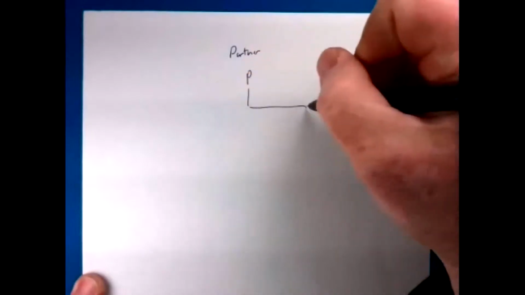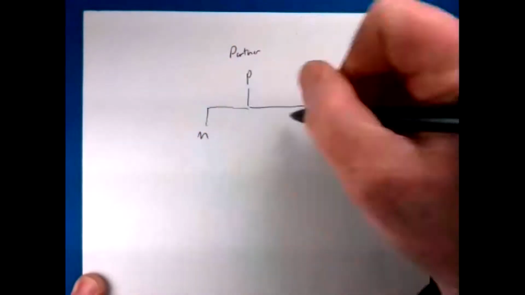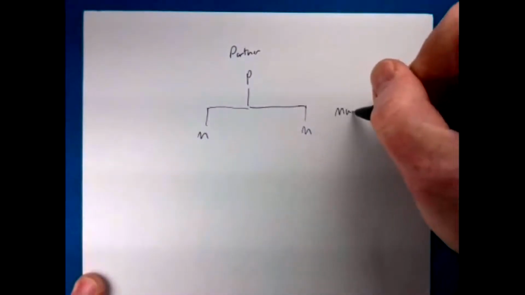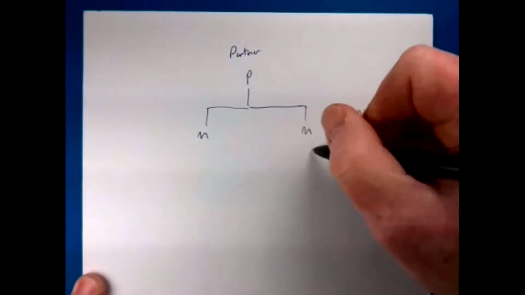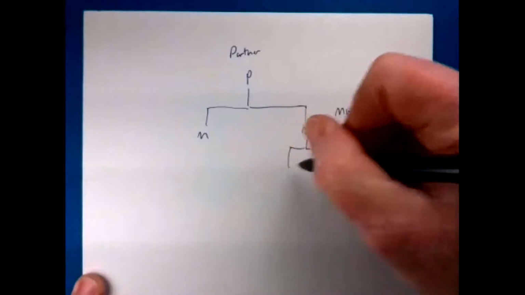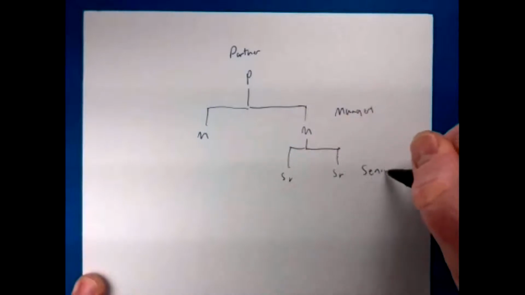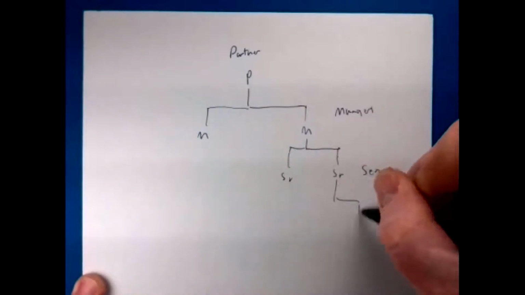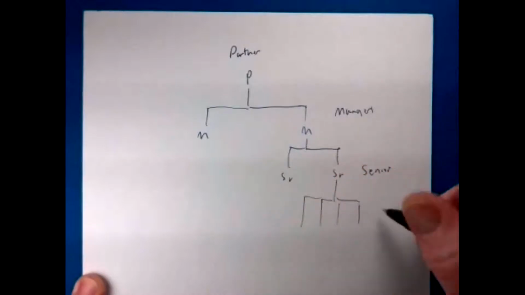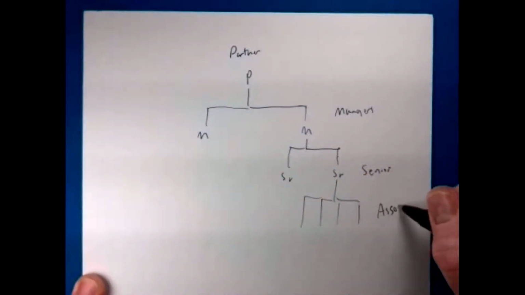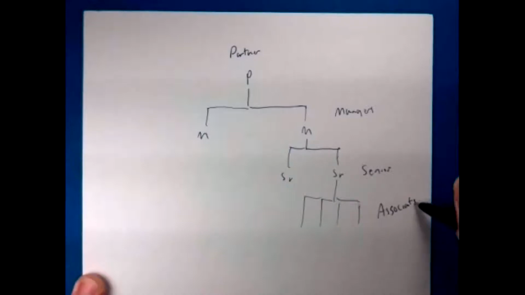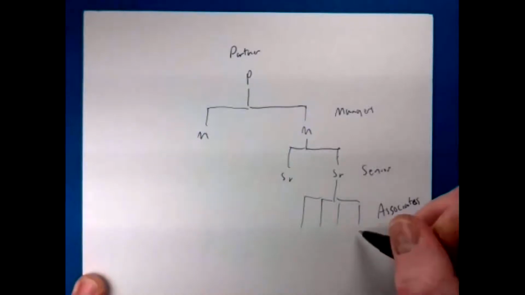So you have a CPA firm, and here you have partners. And underneath them, you have managers. Underneath them, you have seniors. And underneath them, you have the associates or assistants, depending on the firm.